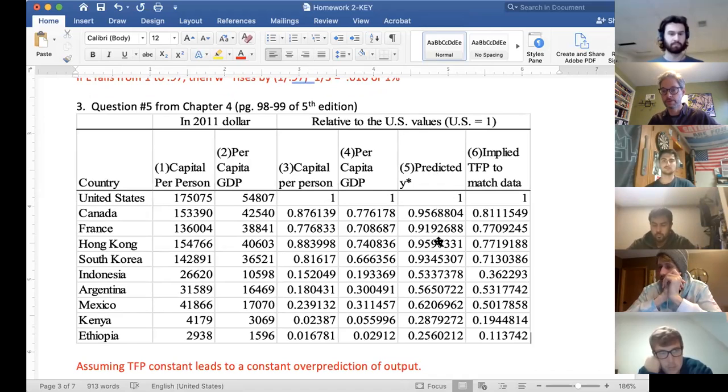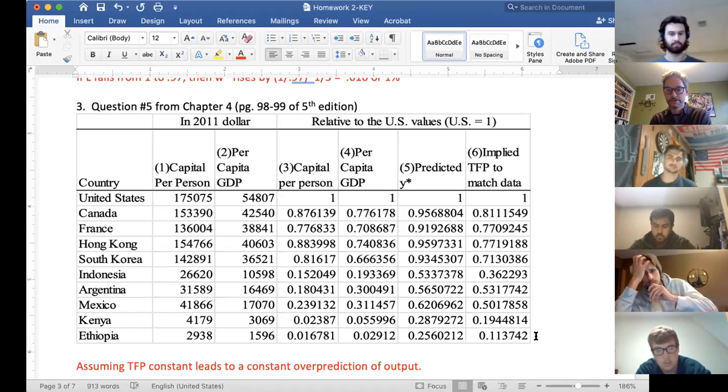Because most countries do not have the same total factor productivity as the United States does. So if you assume it's the same across countries, you're really going to over-predict. And so this is very similar to what we talked about in class, right? We talked about just this idea in class, just in a little bit different form.